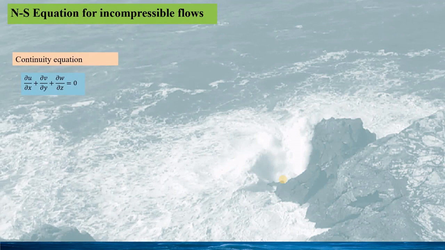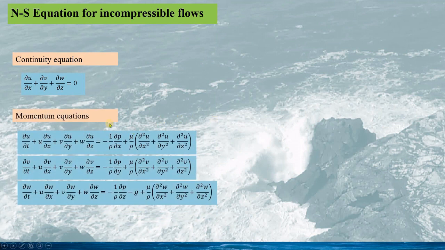For marine structures, the fluid can be simply regarded as incompressible flow. Hence, the Navier-Stokes equation would have a simple form, as this continuity equation and the momentum equation given in this form.